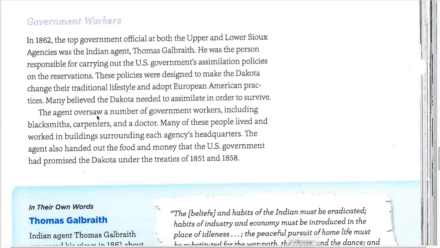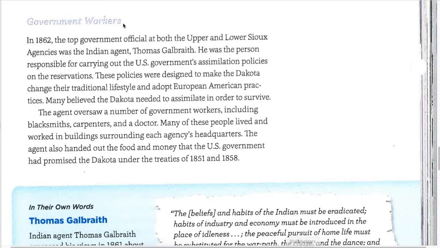The agent oversaw a number of government workers, including blacksmiths, carpenters, and a doctor. Many of these people lived and worked in buildings surrounding each agency's headquarters. The agent also handed out the food and money that the U.S. government had promised the Dakota under the treaties of 1851 and 1858.